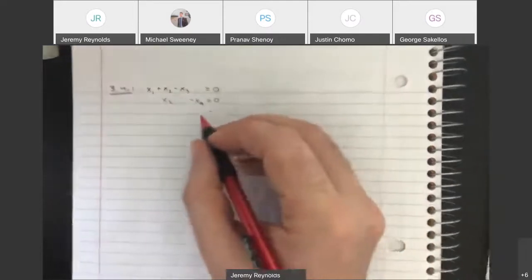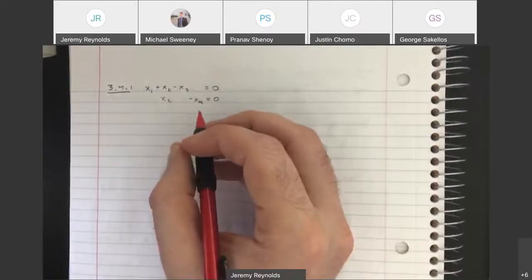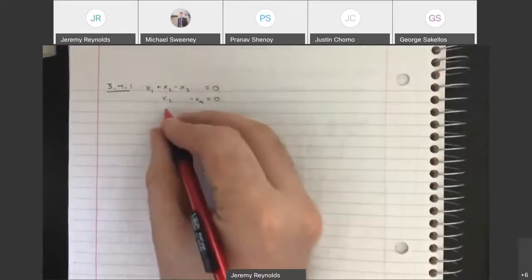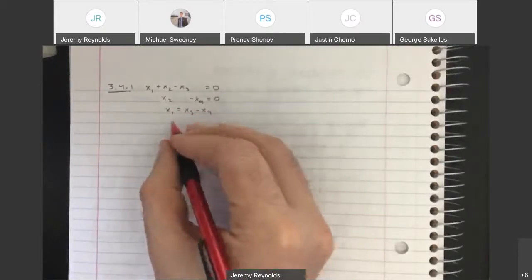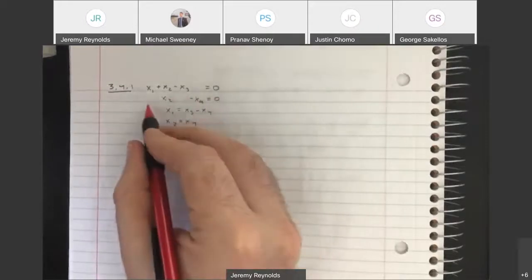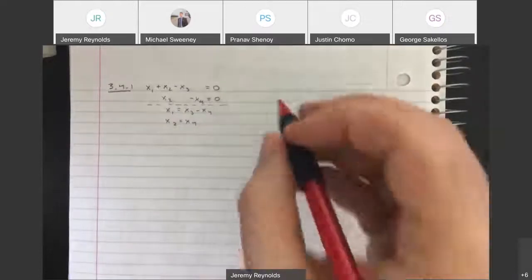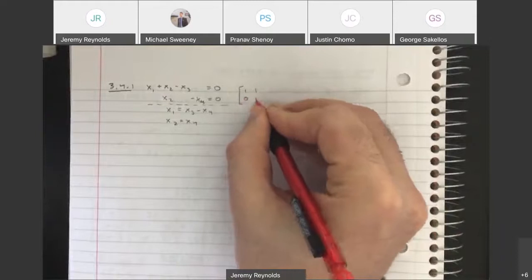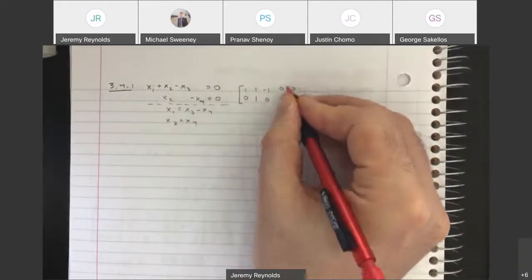In order to find this basis, we could do it two ways. We can just solve directly for x1 and x2. We can see that x1 equals x3 minus x4, and x2 equals x4. We could also do the quick system to get it in reduced echelon form, because that's what we're used to.